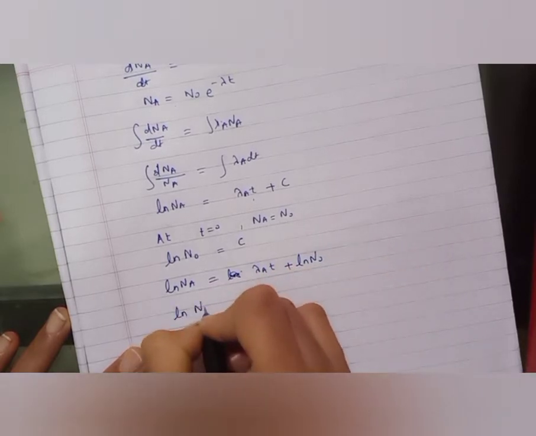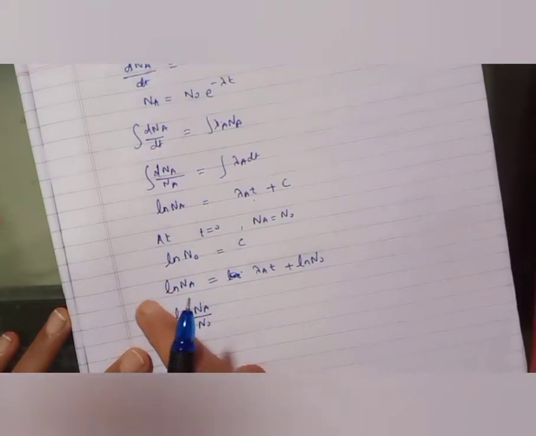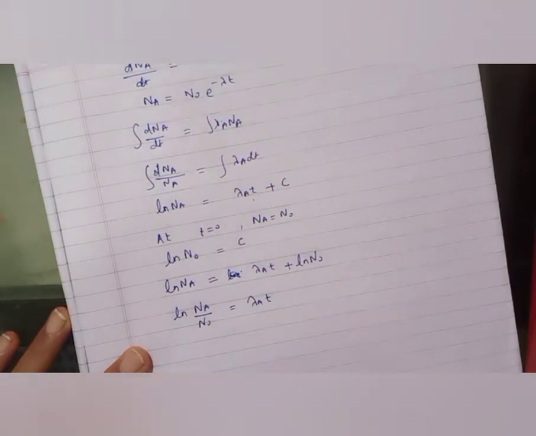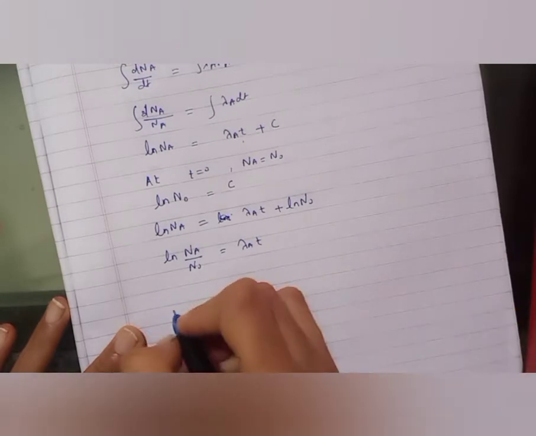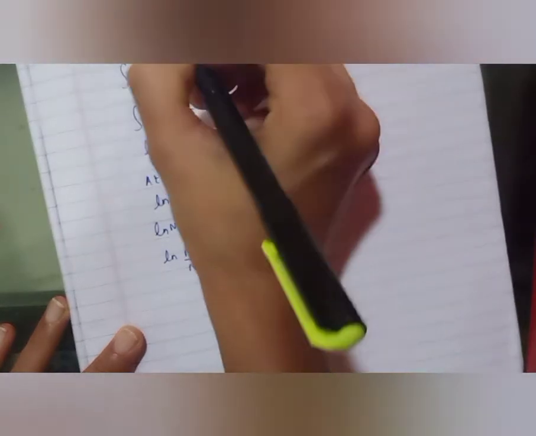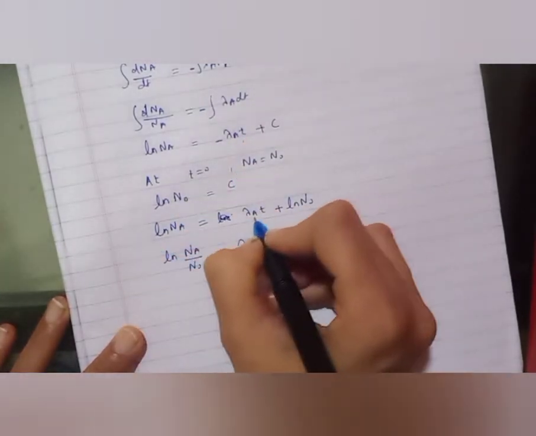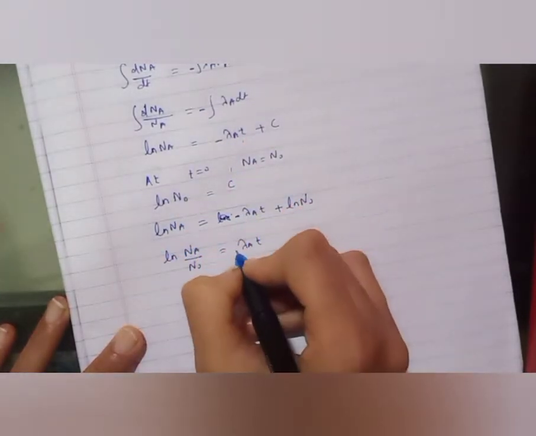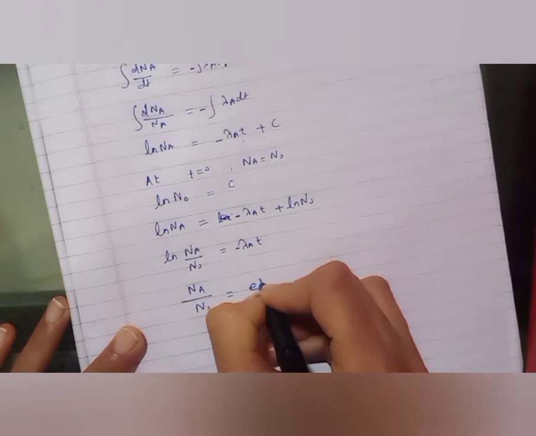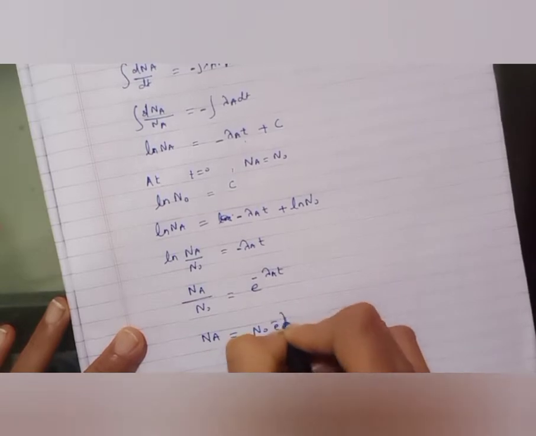Shifting log N0 to this side, log a minus log b equals log a by b, so log of Na upon N0 equals minus lambda A t. Taking antilog of both sides, Na upon N0 equals e raised to minus lambda A t. So I can write Na equals N0 e raised to minus lambda A t.